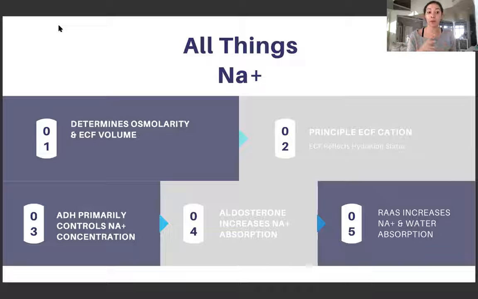ADH primarily controls sodium concentration by increasing water absorption via the kidney. Aldosterone also increases sodium absorption through the kidney, and the renin-angiotensin system also increases sodium and water reabsorption. We're not going to go into that; we'll talk about that another day.